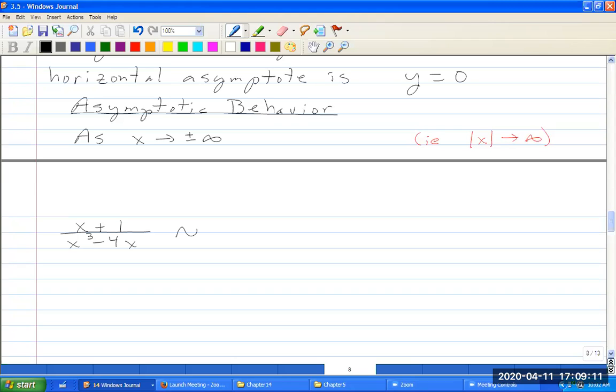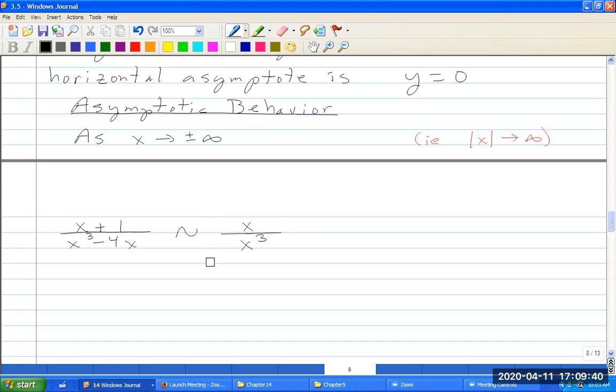It's asymptotic to... Well, if x is very large, adding 1 to, if you have a billion and you add 1, it's still pretty close to a billion. Similarly, x cubed is much, much larger than 4x.